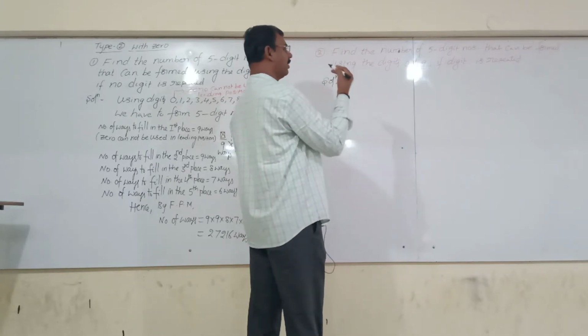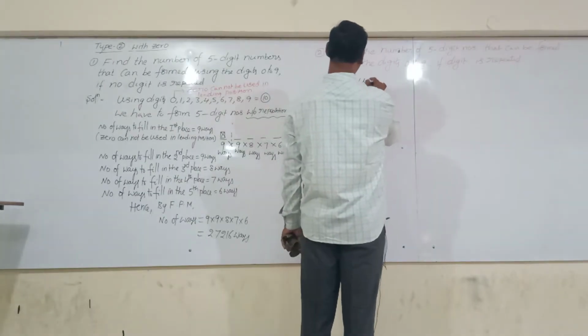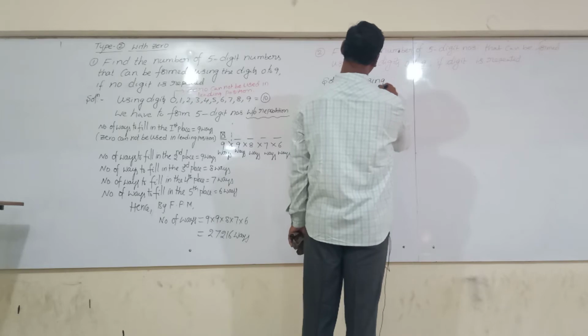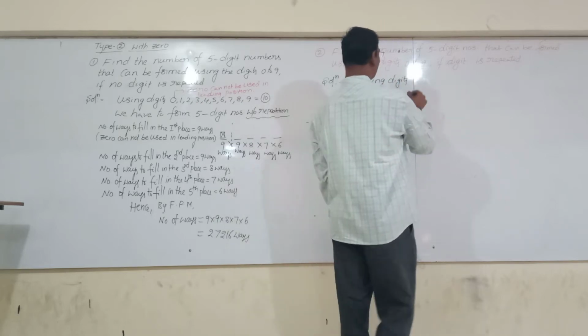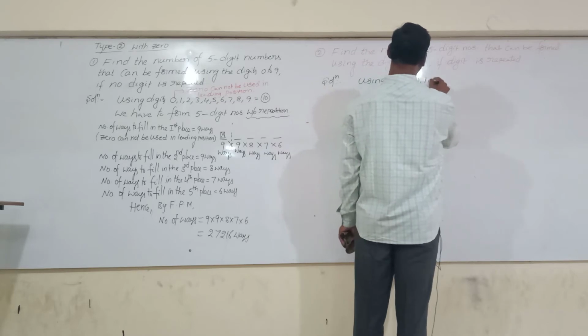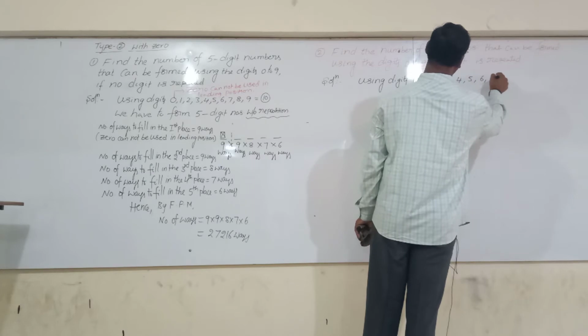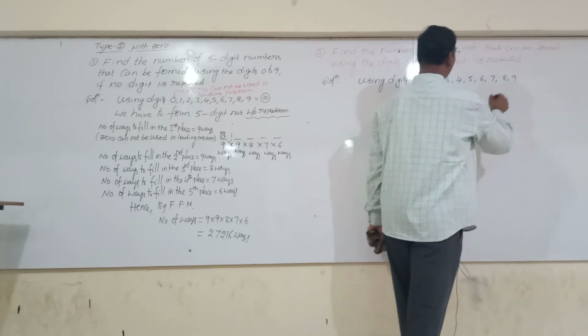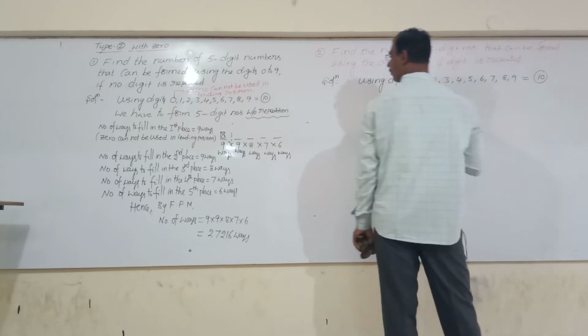Firstly, if you are given any question, we have to take the total number of digits. What are the digits here? 0 to 9. Using digits 0 to 9 means I take the numbers 0, 1, 2, 3, 4, 5, 6, 7, 8, 9. Total number of digits is equal to how many? 10 digits.